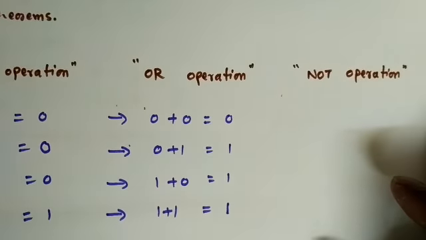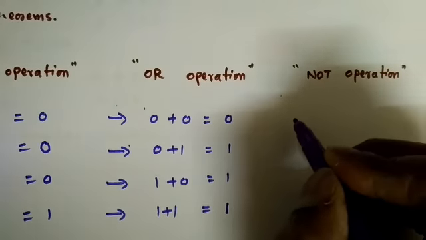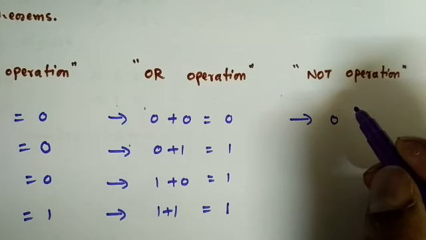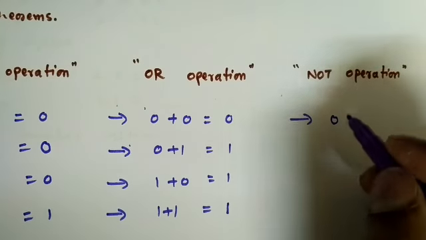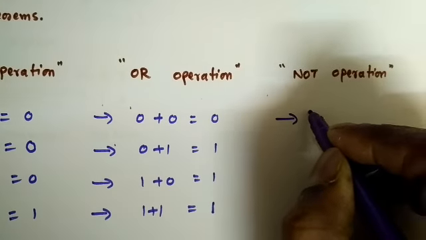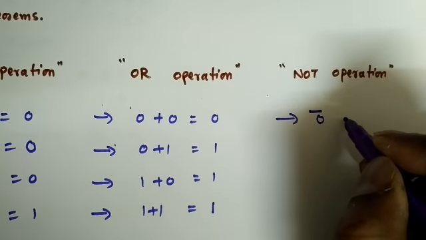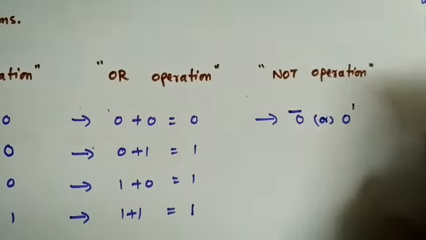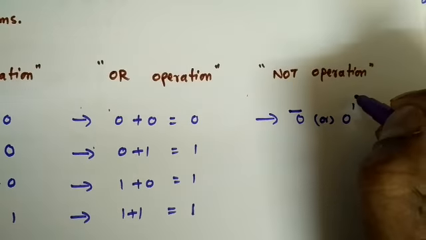Now one more is the NOT operation, or invert operation. It's very simple. The notation for the invert operation is 0 bar. This is one type of notation, or sometimes they use a dash.